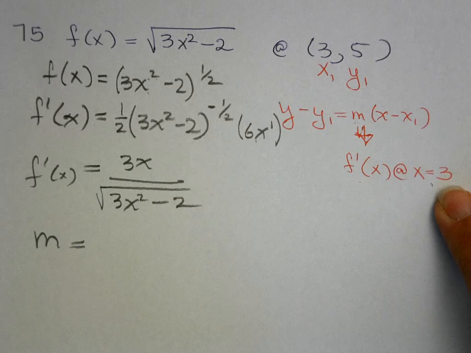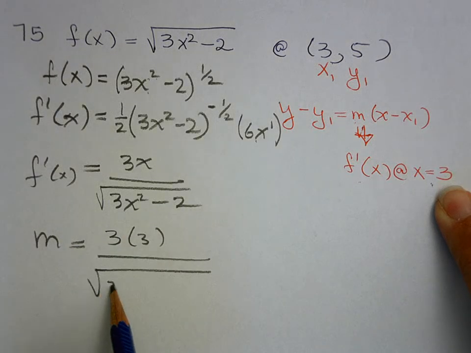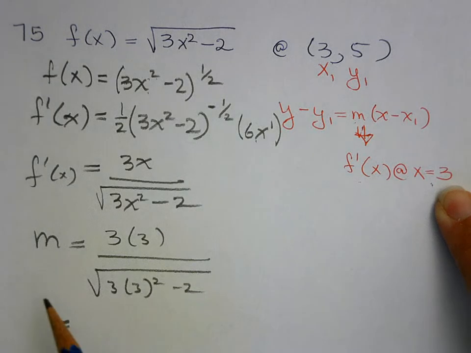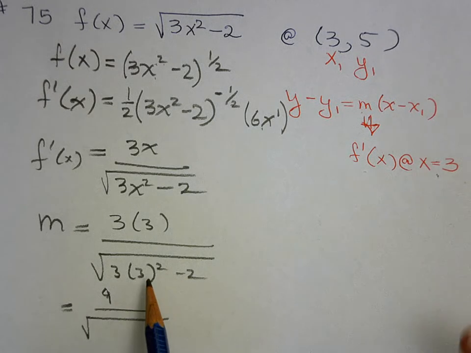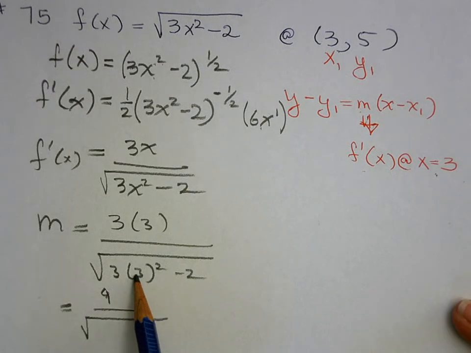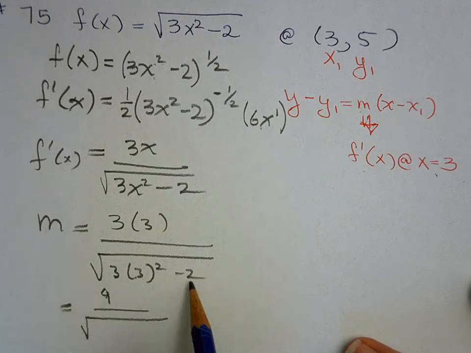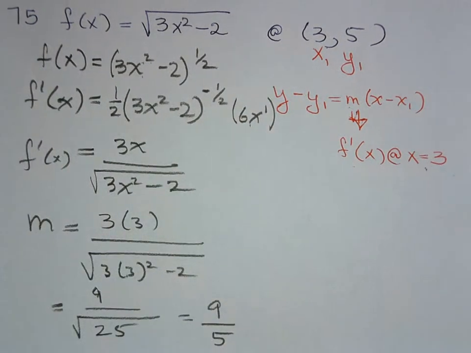I'm going to replace x with 3. So that would be 9 over, 3 squared is 9, times 3 is 27, and then 27 minus 2, so 9 over the square root of 25, which is 5.